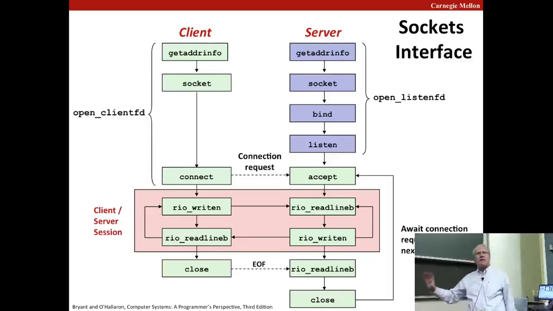In particular, accept will just stop and hang and wait indefinitely until some connection request comes in. So if the server has no customers, if there are no clients, it will just be waiting potentially forever with the call to accept. Everything else goes through boom, boom, boom. But that one is where the actual waiting occurs for client connections.